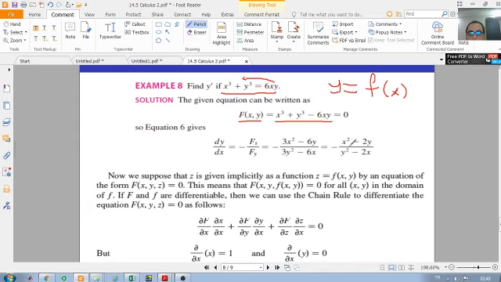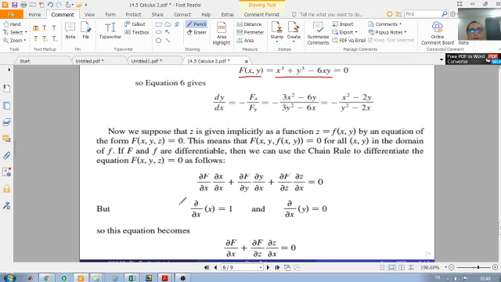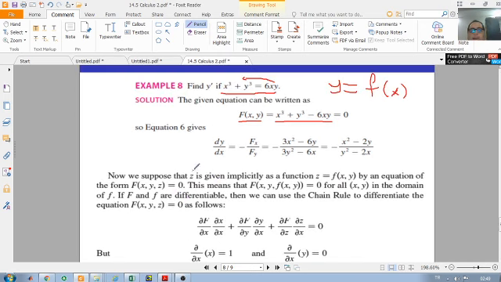So we have minus x squared minus 2y over y squared minus 2x. Okay, this is a formula for functions of one variable given implicitly, like this one.